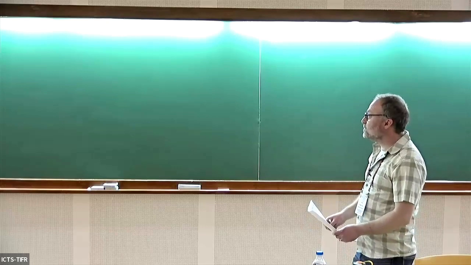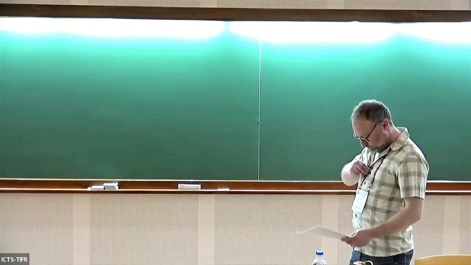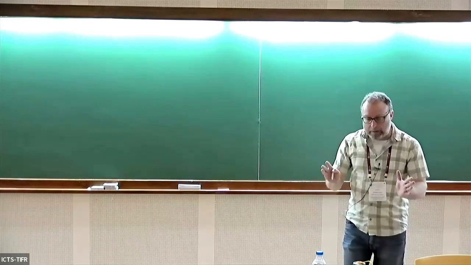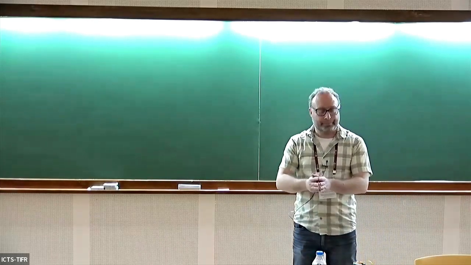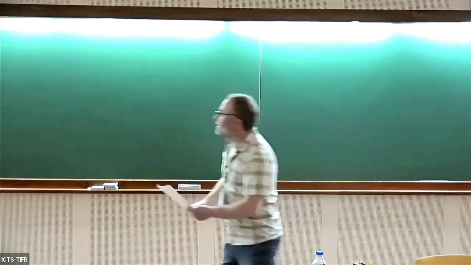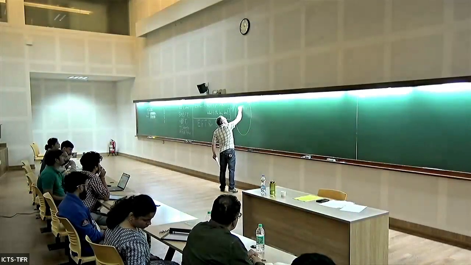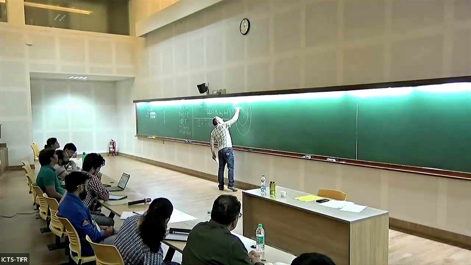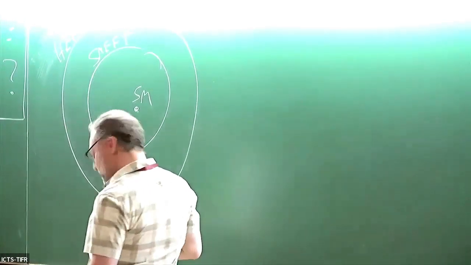Good. So let's get back into this. So I drew this picture, let me just draw it again. Okay, so we're talking about this conceptual idea: HEFT, SMEFT, and the standard model.